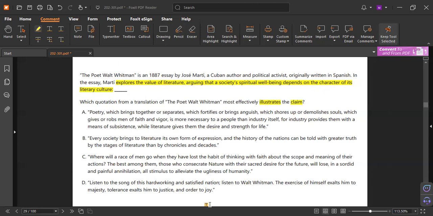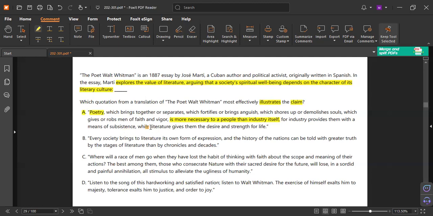Is it A? So you think it's letter A, and the A it is correct. But we need any evidence. He said here is more necessary to people than industry. What? Poetry. See, for industry, provide them with means of subsistence.